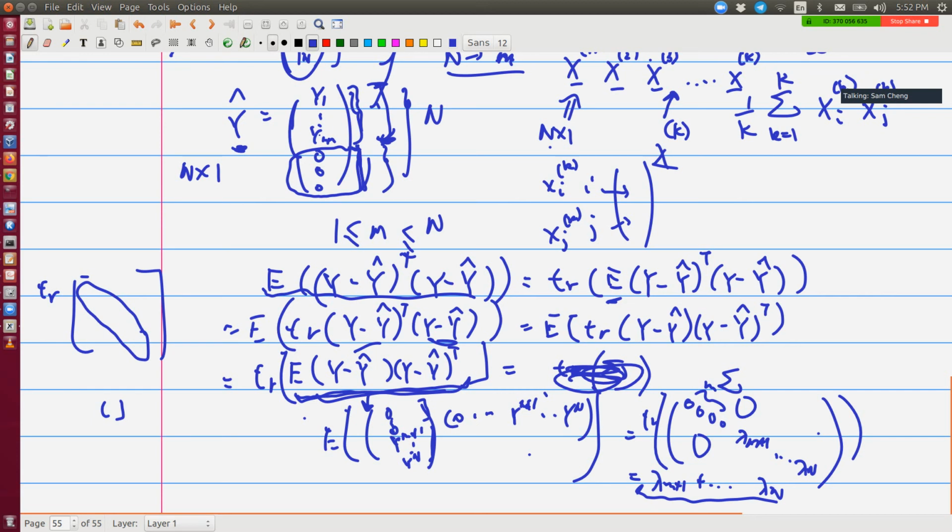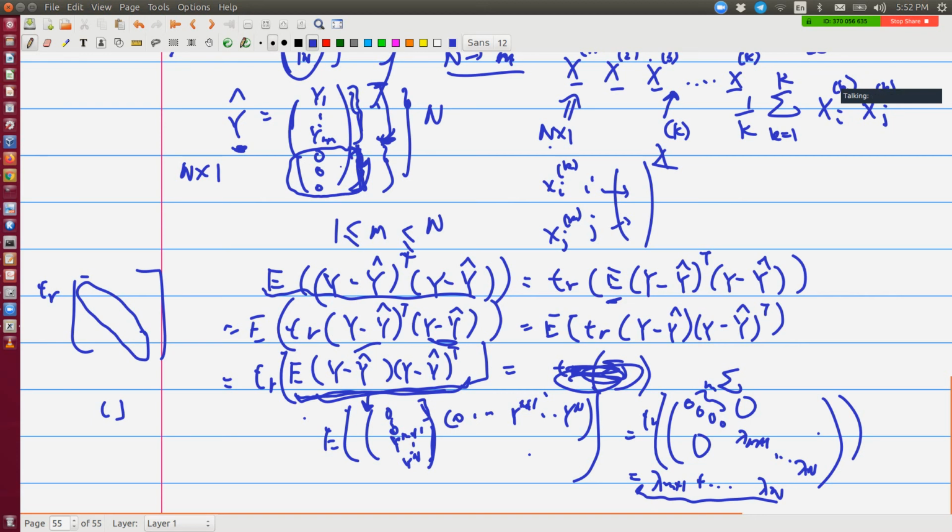So the sum from lambda m plus 1 up to lambda n will be the smallest amongst any other group I pick and add together.